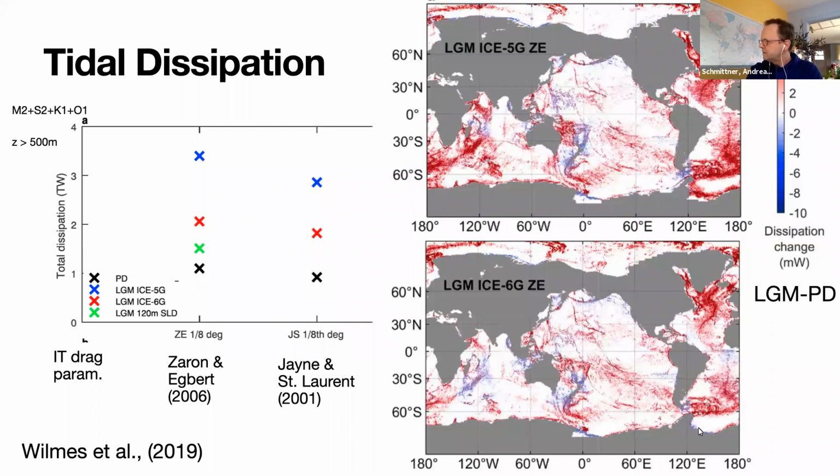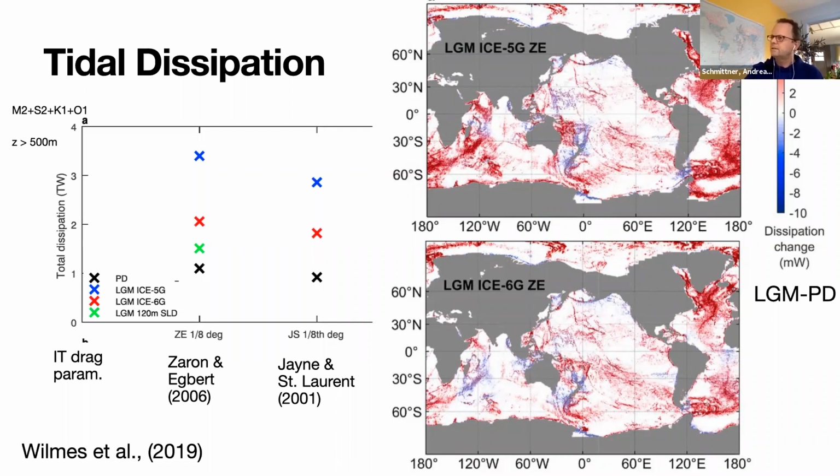And this influences the tides, particularly in the South Atlantic, and leads to these large differences between these 2 reconstructions. So that's the basic results from that published paper that you may already know.